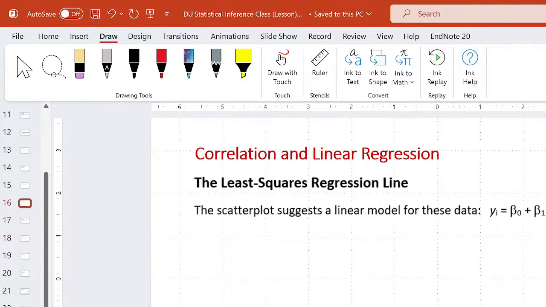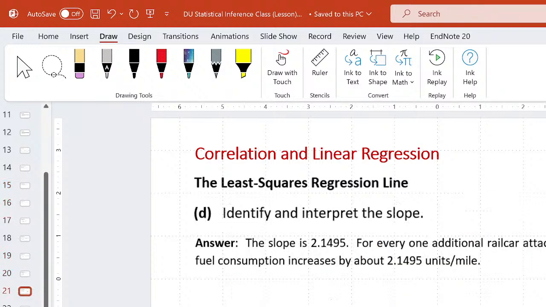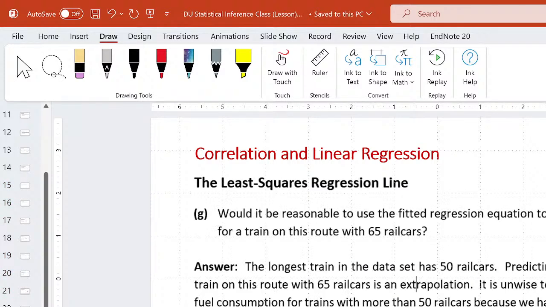And we've got this nice little regression line that's up to 50. 65 is up here. So I would have to extrapolate. We're allowed to extrapolate a little bit. I'm going to say that the longest train has 50 rail cars. And predicting the fuel consumption for a train with 65 rail cars, well, that's extrapolation.